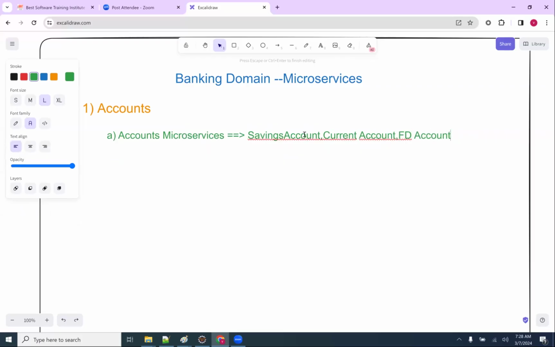I can have this because all have the same functionality, guys. I can say that the account microservice is a separate microservice, and what is the other functional element? Joint account.